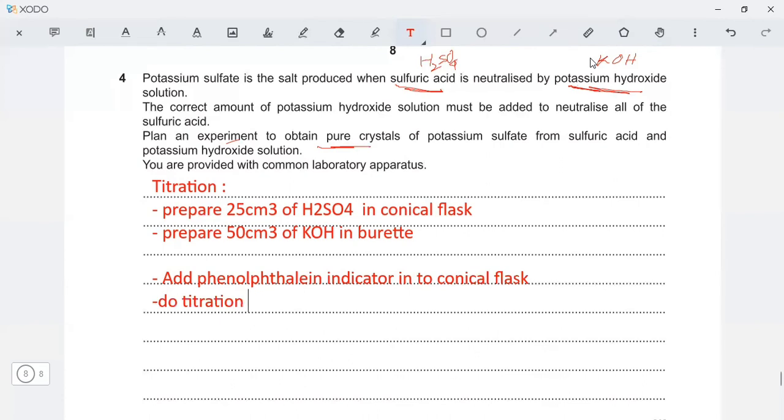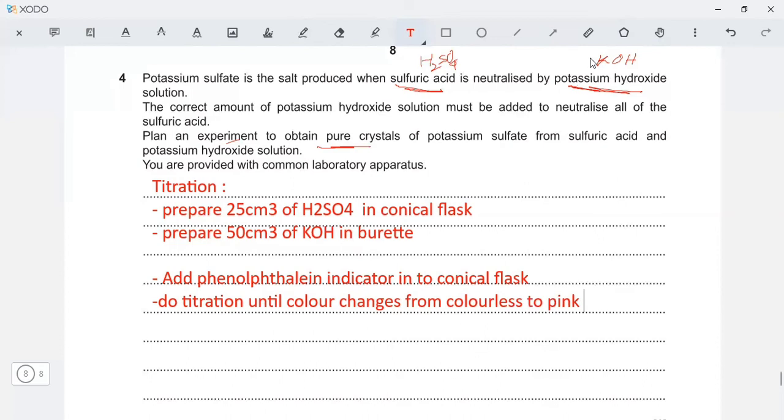Do titration until the color changes from colorless to pink, right? Colorless to pink. Basically, you know, phenolphthalein will be colorless in acids and it will be pink in base.